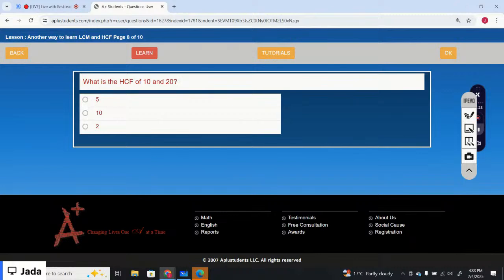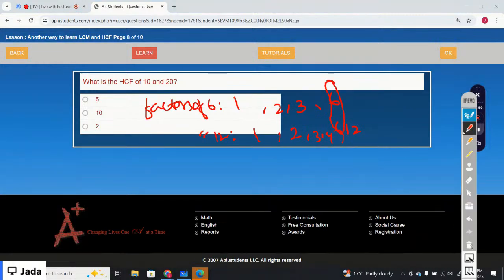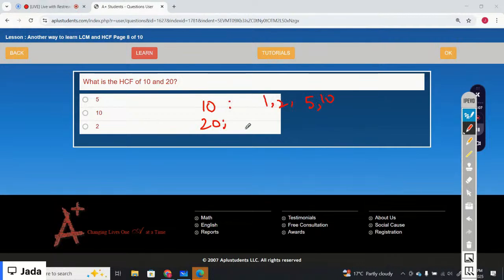What is the HCF of 10 and 20? The factors of 10 are 1 times 10 is 10 and 2 times 5 is 10. 1 times 20 is 20, 2 times 10 is 20 and 4 times 5 is 20.